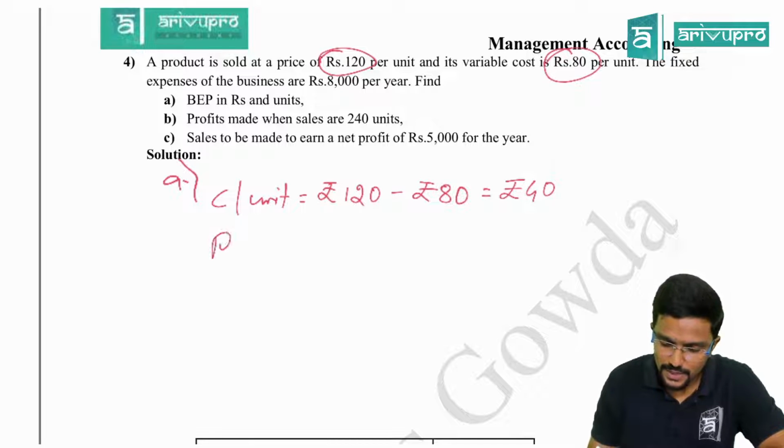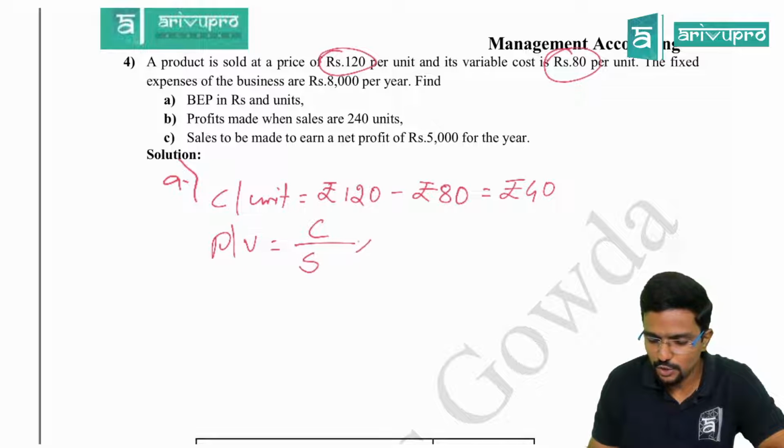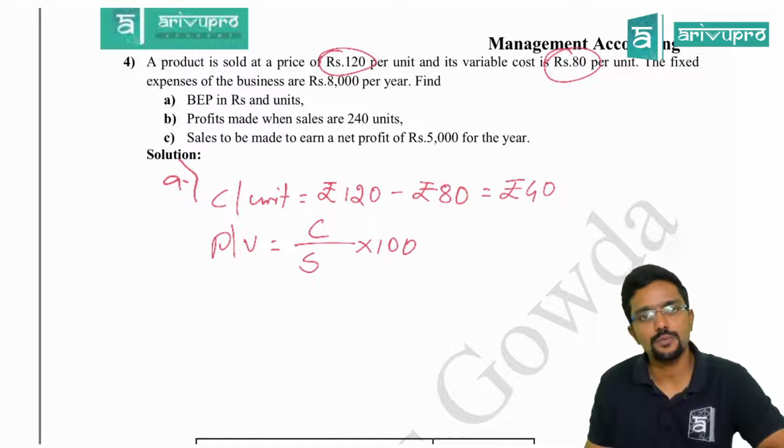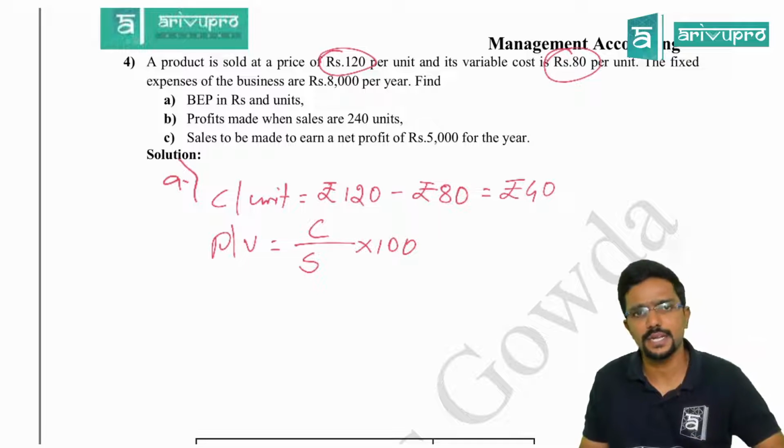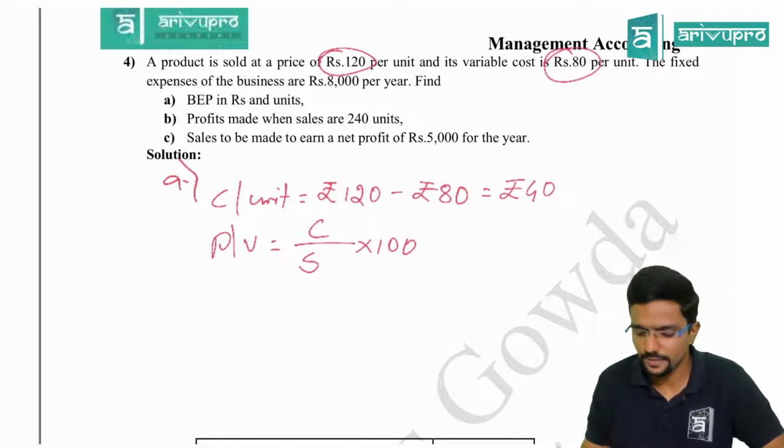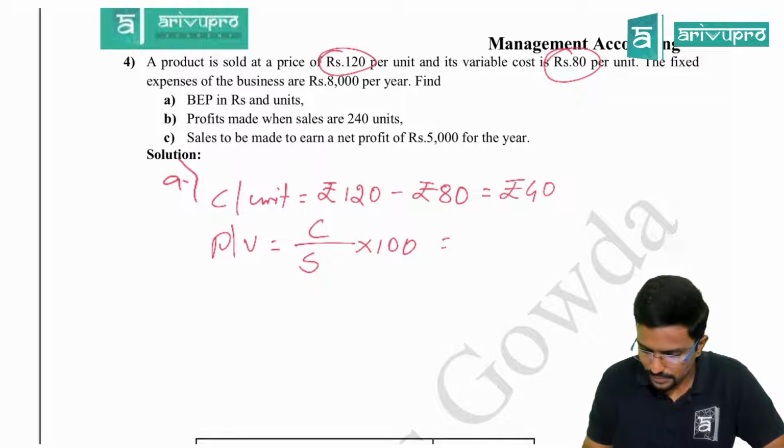PV ratio is equal to contribution by sales into 100. Here both contribution and sales are given per unit. Contribution per unit is 40 and sales per unit is 120.